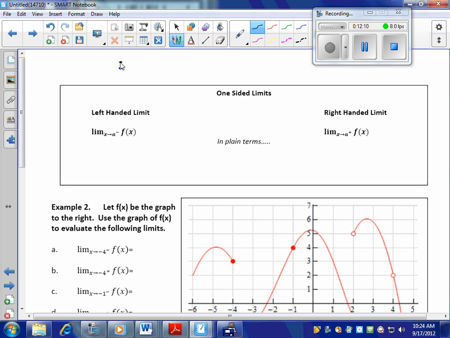Left-handed limit, what does that mean in plain terms? Approach from the left or negative. So as we're talking about approaching, we're really looking at both sides. Right now we're going to talk about one-sided limits. A right-handed limit has this notation. The limit as x approaches a from the positive of f of x.